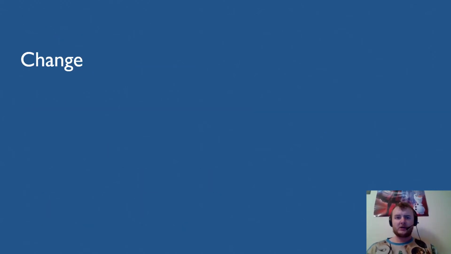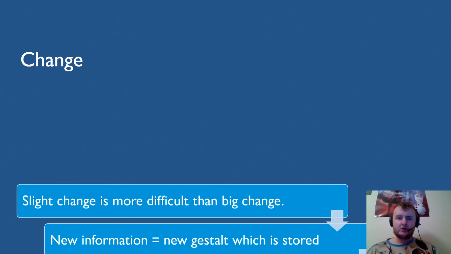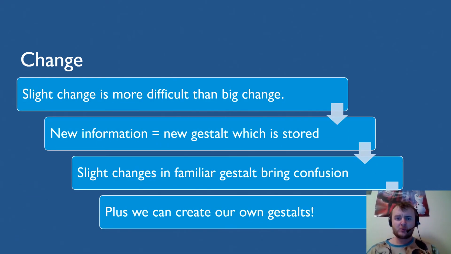What may be quite interesting to some of you is that the way we perceive change can also be quite different to how you might imagine it. We actually have more trouble dealing with slight changes than with big ones, and again, this is because of gestalt perception. The encounter of new information is simply just a new gestalt, which can easily be stored.